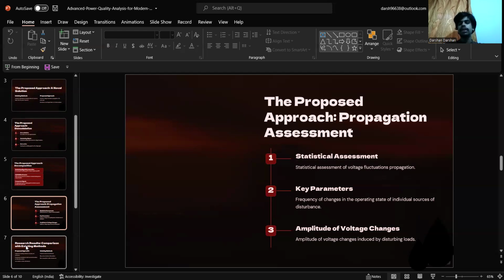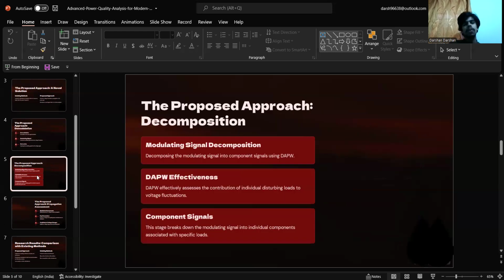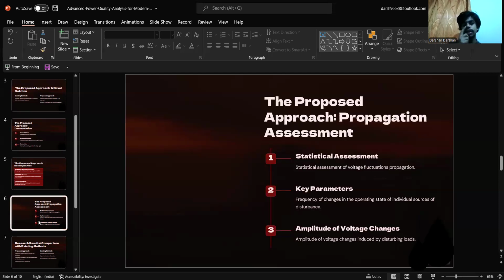The key parameters are the frequency of changes in the operating state of individual sources of disturbance, and the amplitude of voltage changes induced by disturbing loads.